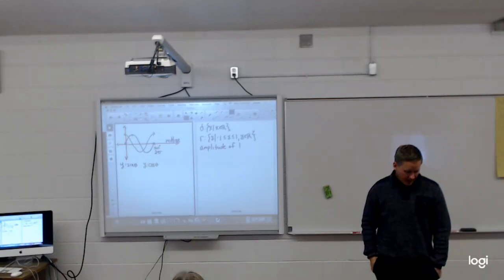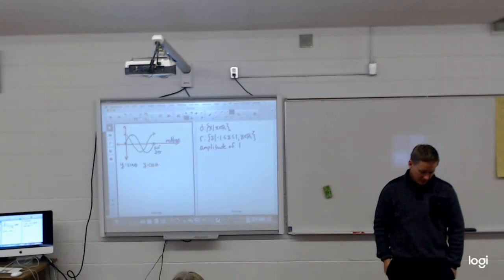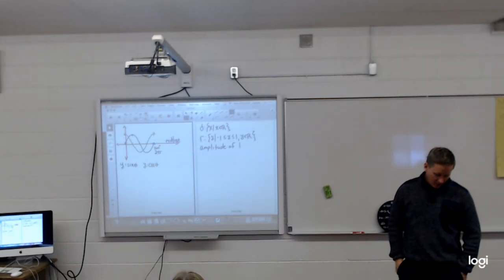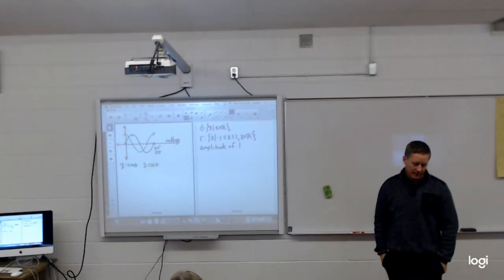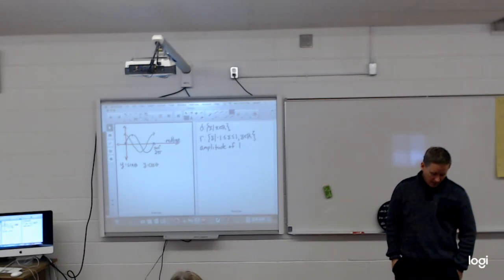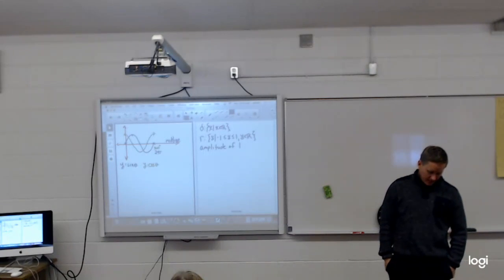A midline is defined by the equation y equals 0. This midline is the horizontal line halfway between the maximum and minimum values. The 2 graphs oscillate about this line. The period is the length of 1 cycle.